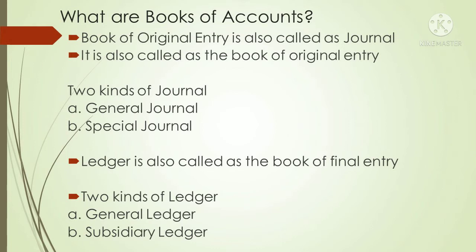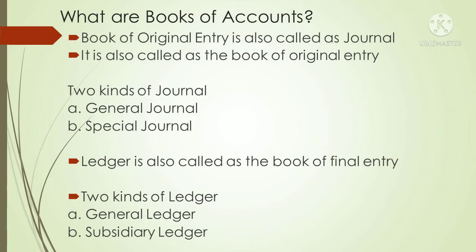Then the book of final entry is called the ledger, which is also of 2 kinds, the general ledger and the subsidiary ledger. This is called the book of final entry because it is in this book where transactions that were recorded in the journal are transferred in the ledger for final recording.